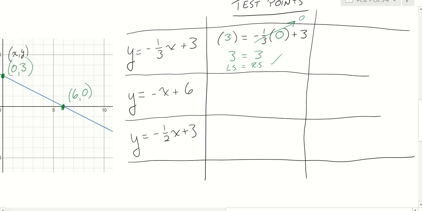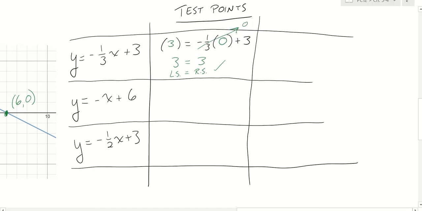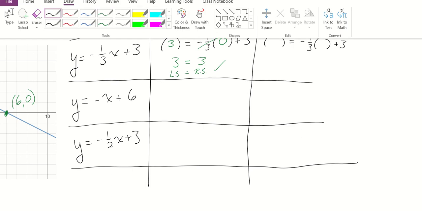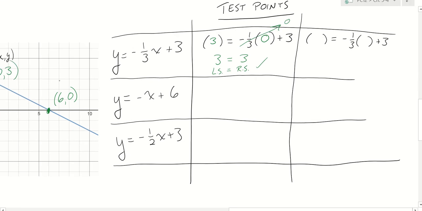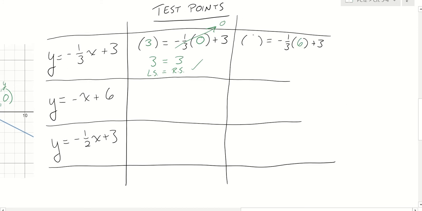All right, so let's test this second point of 6 and 0. So we rewrite the equation again. y equals negative a third times x plus 3. What are the corresponding x and y values? Well, when x is 6, y is 0.